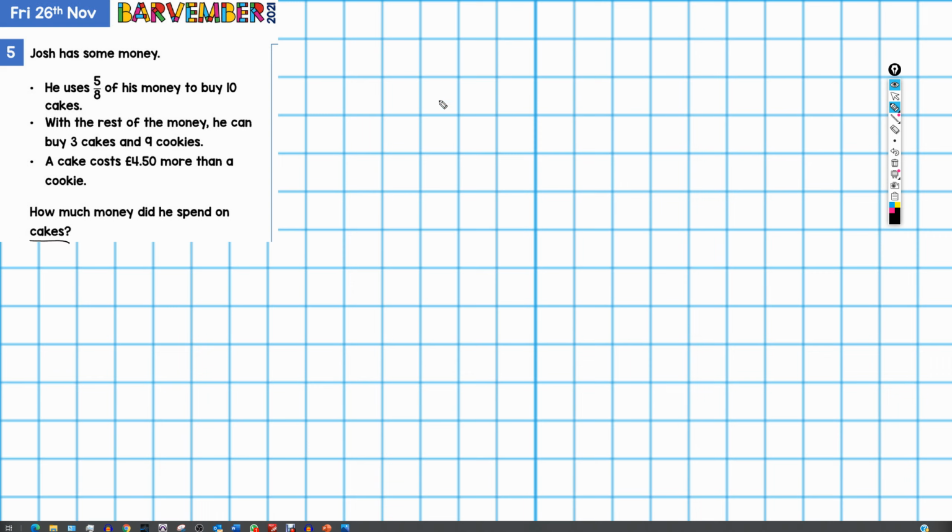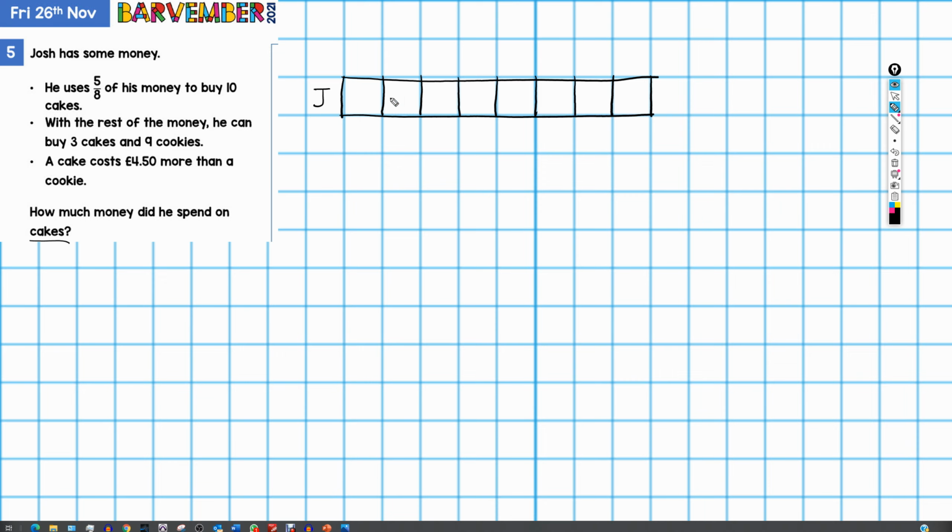Okay, so clearly we're going to be drawing a bar for Josh, and we're going to divide that into 8 equal parts because it talks about 8. So 1, 2, 3, 4, 5, 6, 7, and 8.